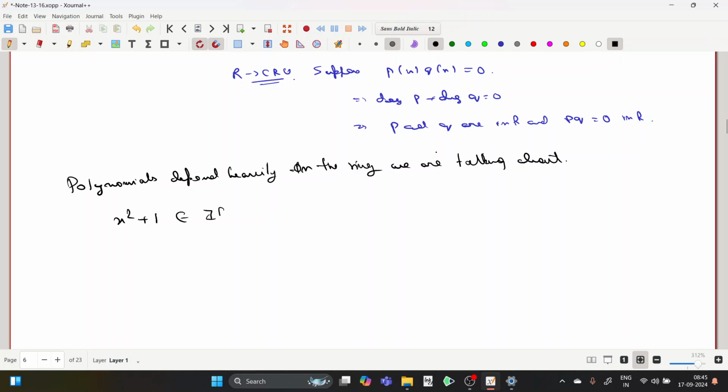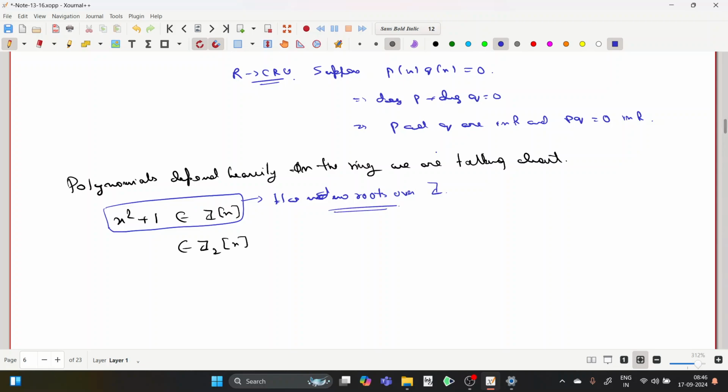and I consider it to be a polynomial over Z, which I can surely do. In fact, I can also consider it to be a polynomial over Z2[x], which surely I can also do. Right? But the important thing to observe here is that x squared plus 1 over Z[x] has no roots over Z. But when I talk about Z2[x], you can easily observe that x squared plus 1 you can write as x squared plus 2x plus 1, but that's exactly (x plus 1) whole squared, right?